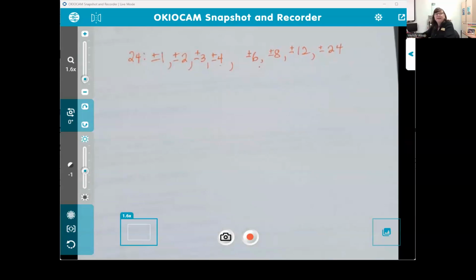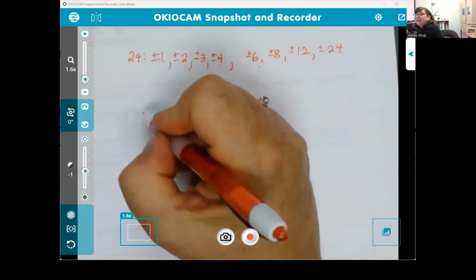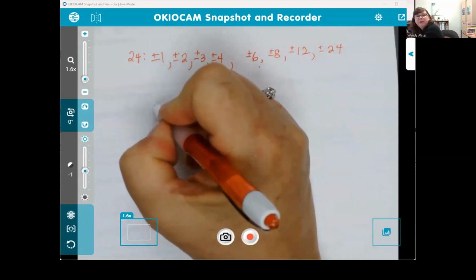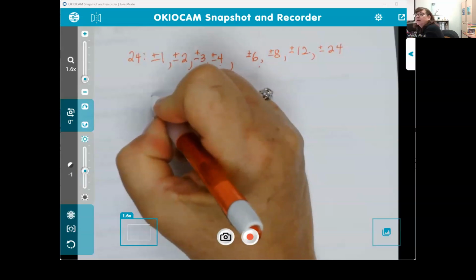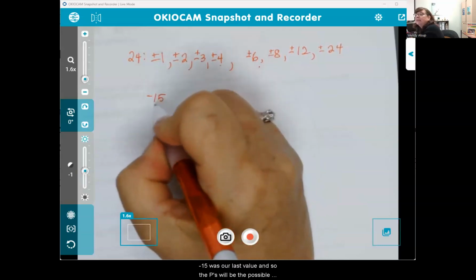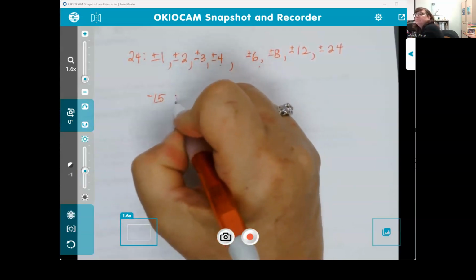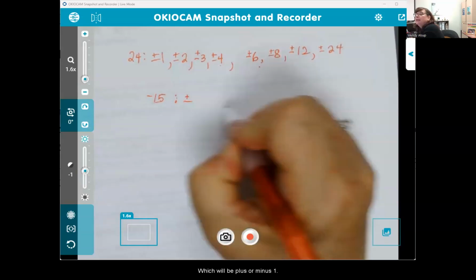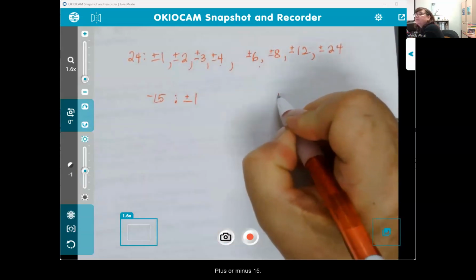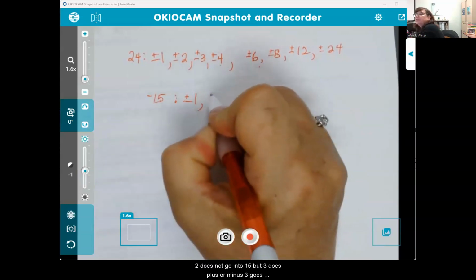Now, our P was negative 15, our last value. And so the P's will be the possible factors of negative 15, which will be plus or minus 1 and plus or minus 15. 2 does not go into 15, but 3 does.